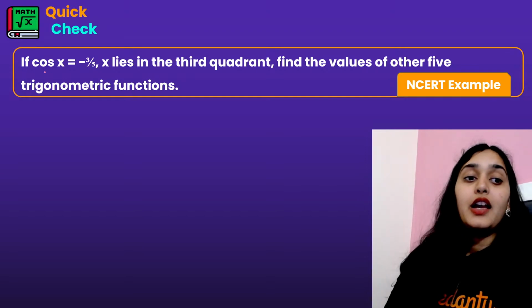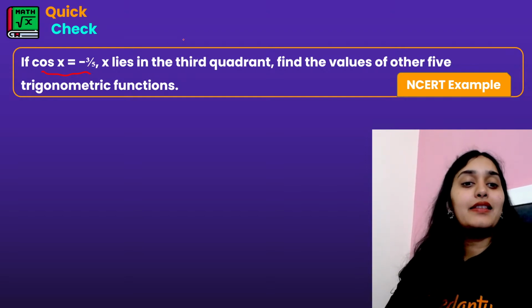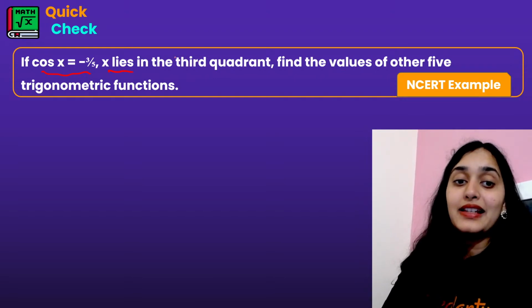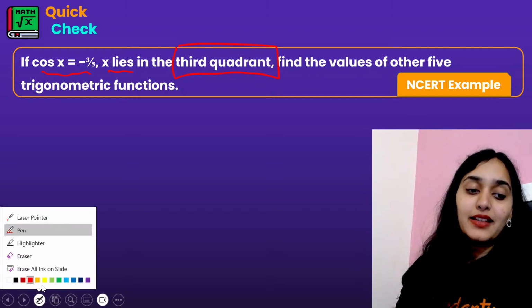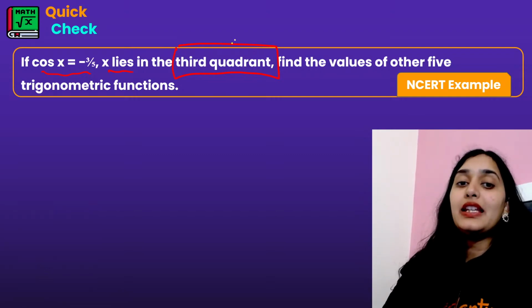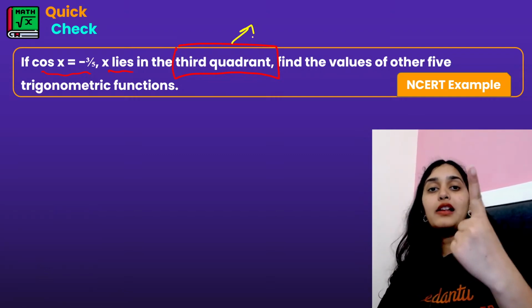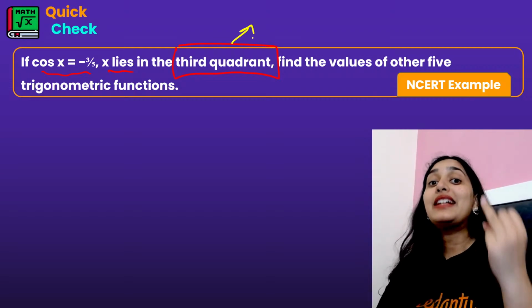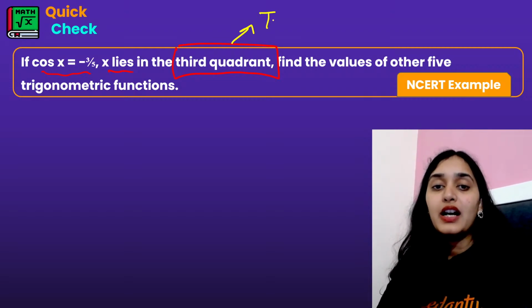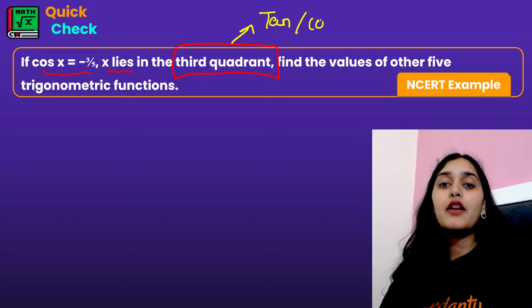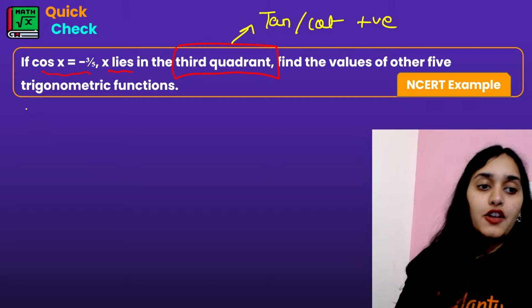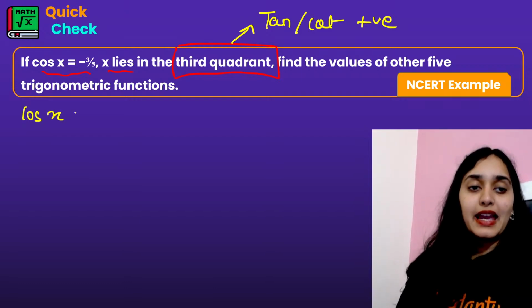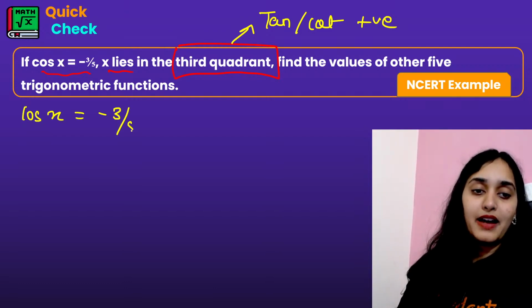First one: if cos x is -3 by 5, where x lies in the third quadrant. Now what happens in the third quadrant? In the third quadrant, all silver teacups, so tan and cot will be positive. Okay. So first of all, cos x is -3 by 5.